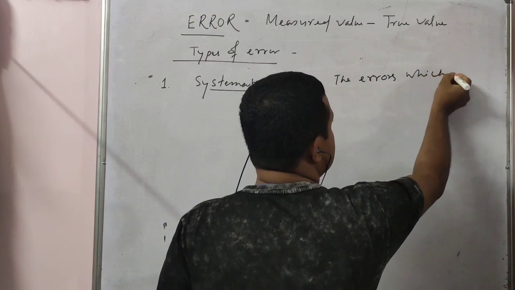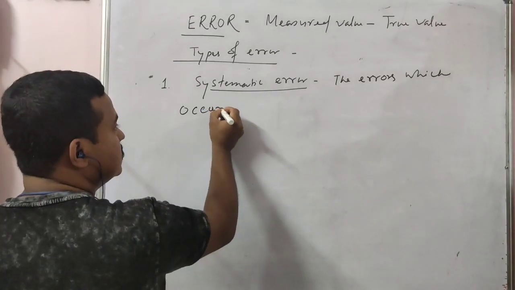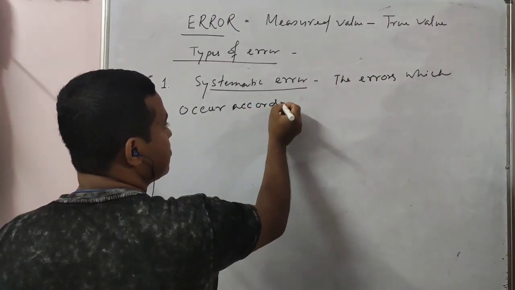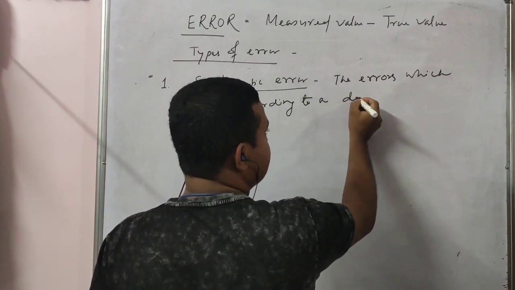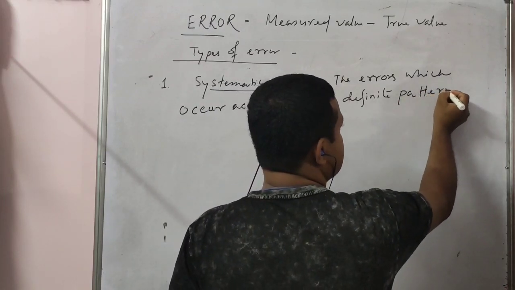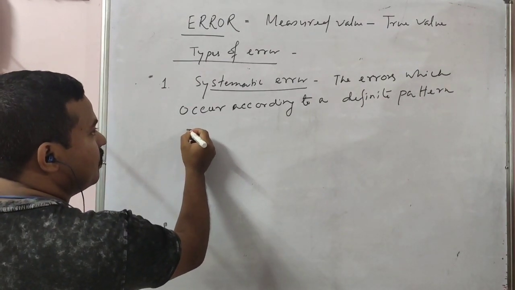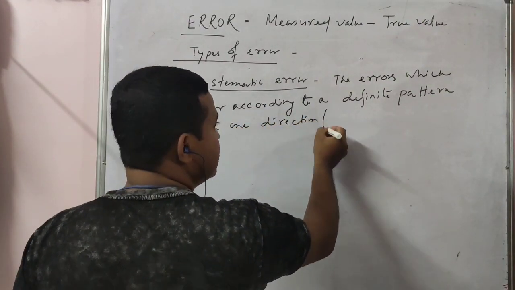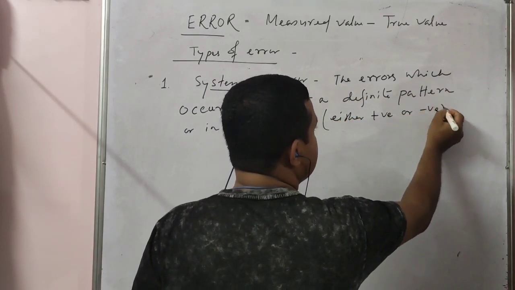So you can say the errors which occur according to a definite pattern, that is, in one direction, one direction means either positive or negative.